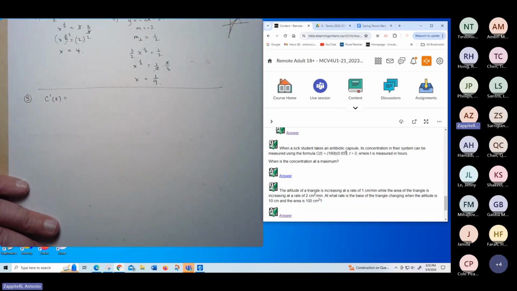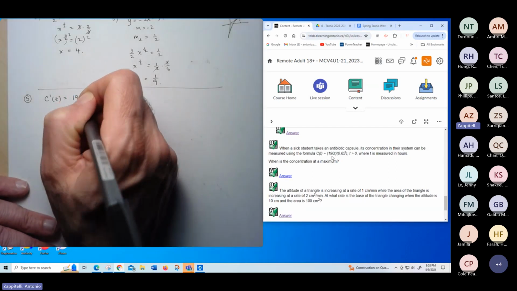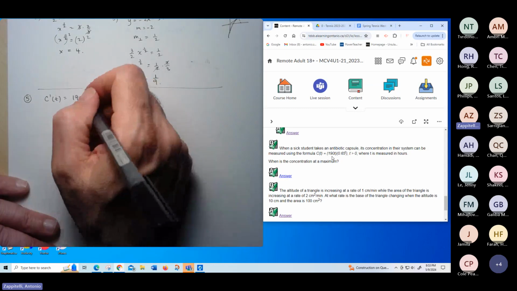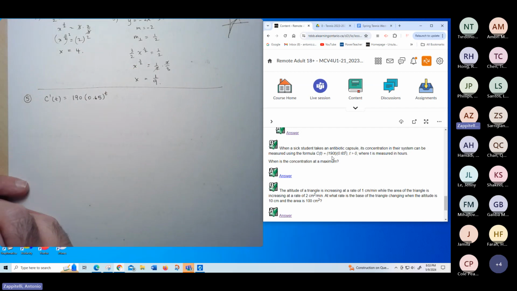So let's start by taking the derivative of this function. Here I am going to have to use the product rule because there's nothing to simplify. Okay, so let's take the derivative of the first function. The derivative of 190t is just 190. Okay, and then that's times the second function, 0.65 to the t.